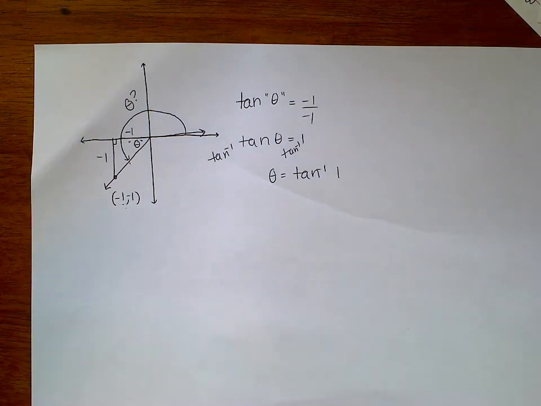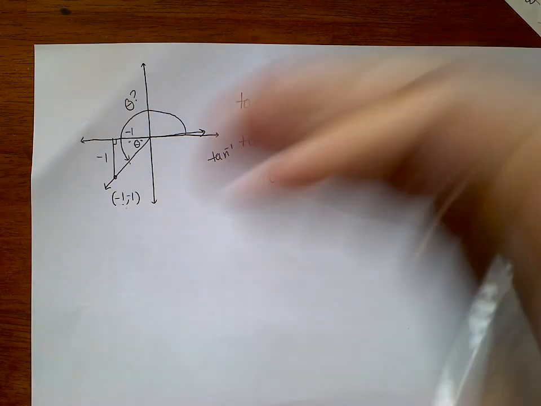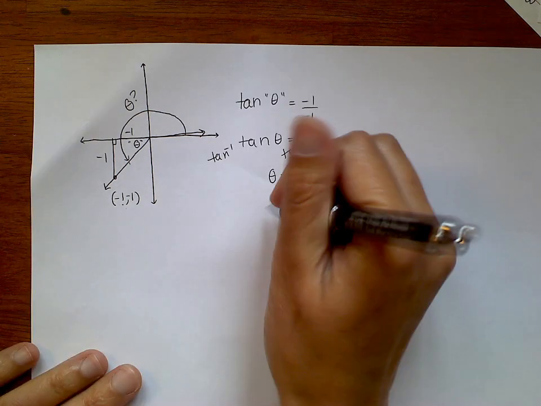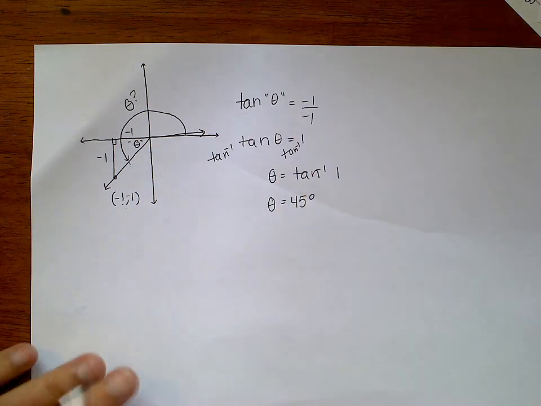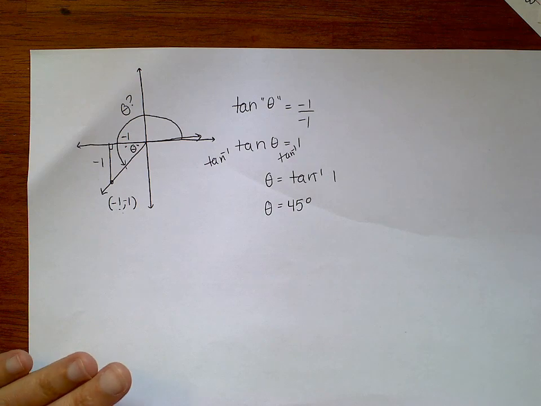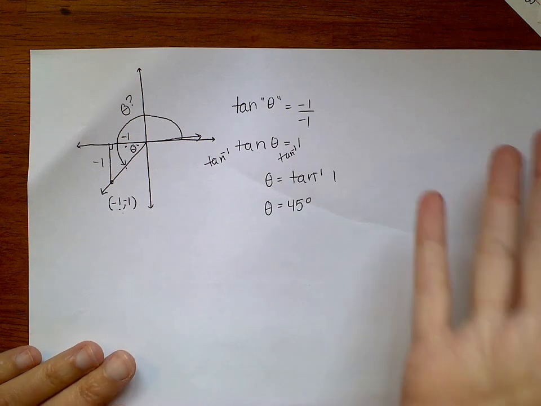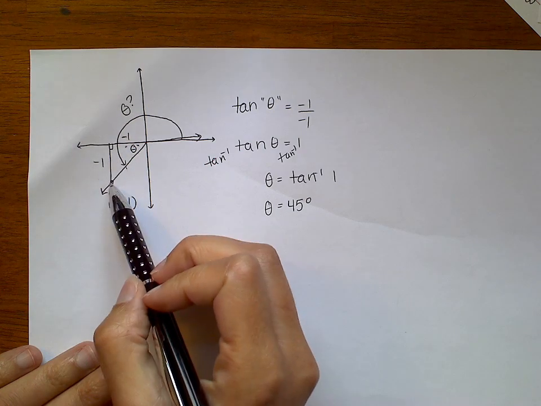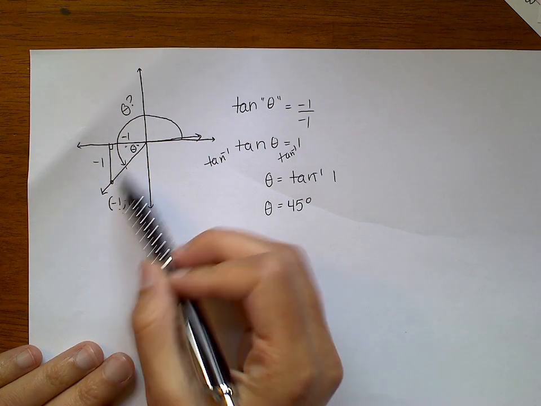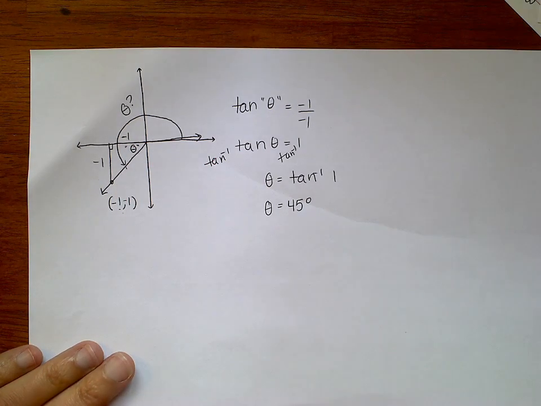my thing is always I would love to not have to use a calculator. Now if you go and use your calculator, you'll get that theta is 45 degrees, but I did not use a calculator for that. Like I just knew that, and partially I knew that really quickly because if the two sides of a triangle are the same, then the two base angles are the same, so it would be 45.